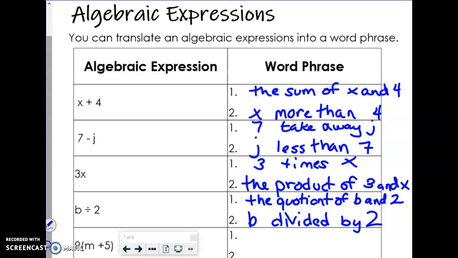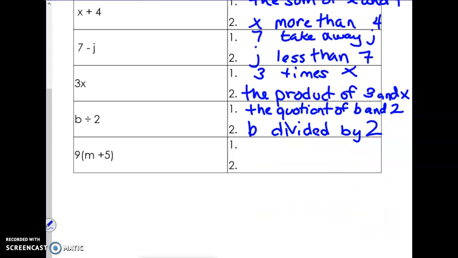The last one I've got here is a little more complicated. Okay? It's got two different operations. Multiplication, that 9 is multiplying by the m plus 5.